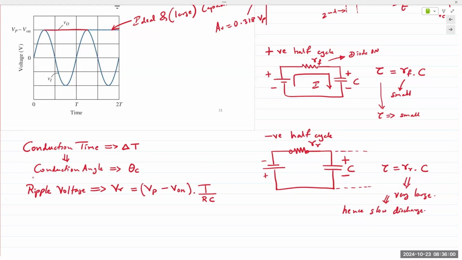So the output voltage, Vp, minus the diode turn on voltage, V on, times one time period, divided by the time constant, R times C.